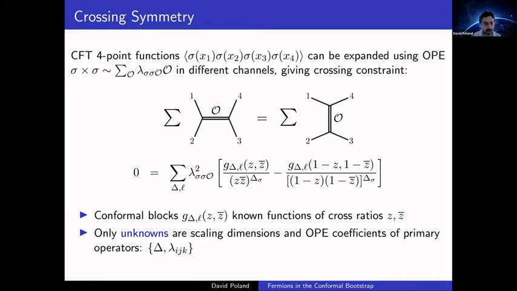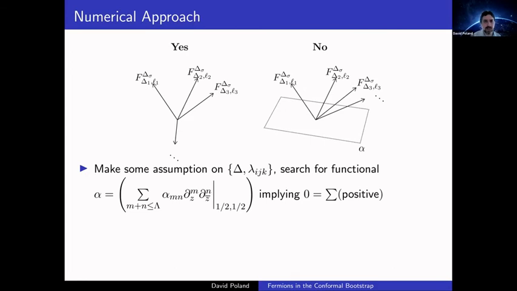So it's a nice way to try to learn something about the spectrum of conformal field theory. Okay, so then the question is, how do you extract some information from this equation? And you can try to tackle it analytically in different limits. You can try to tackle it numerically by putting it on a computer. I'm going to focus on the numerical approach in this talk.